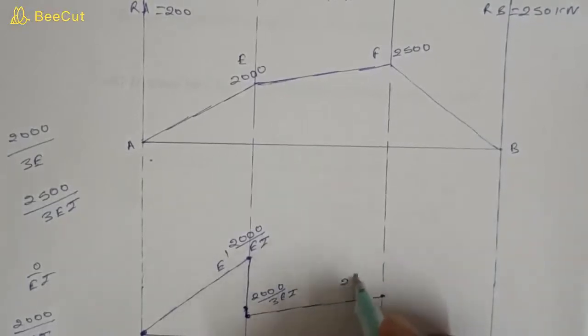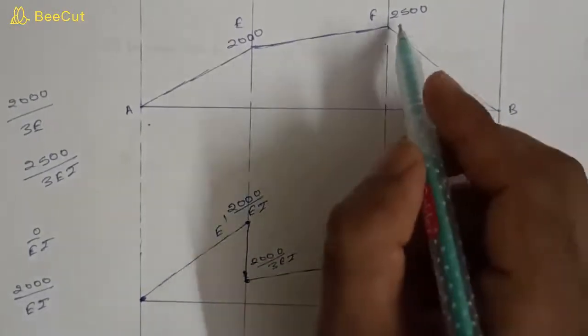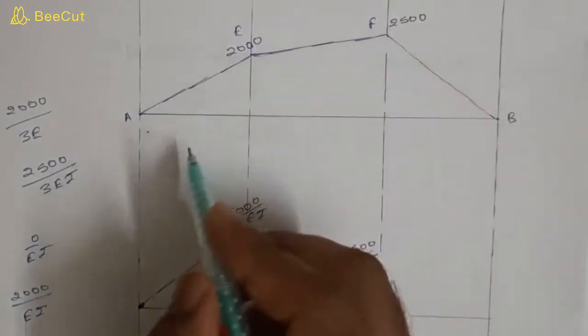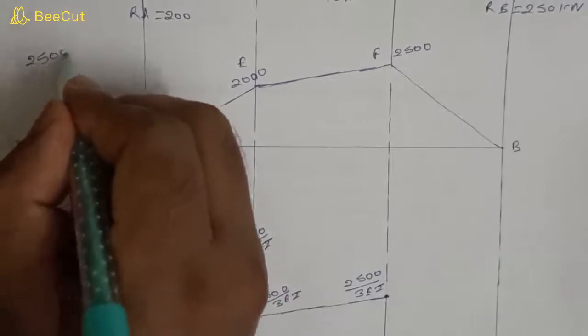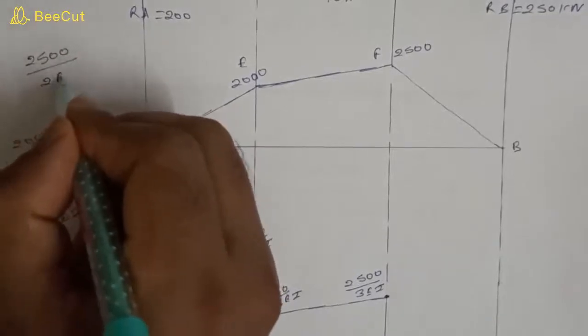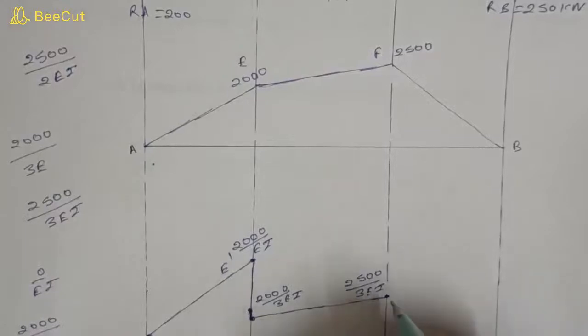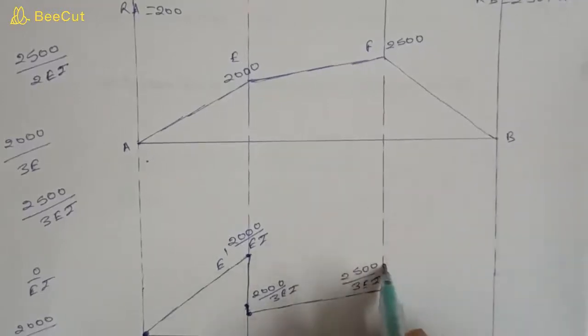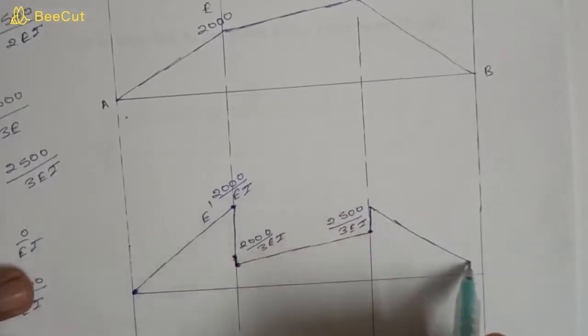Now in this section the moment of inertia is 2I, so we will get 2500 divided by 2EI, and here it will be 0, so we will join it with 0.